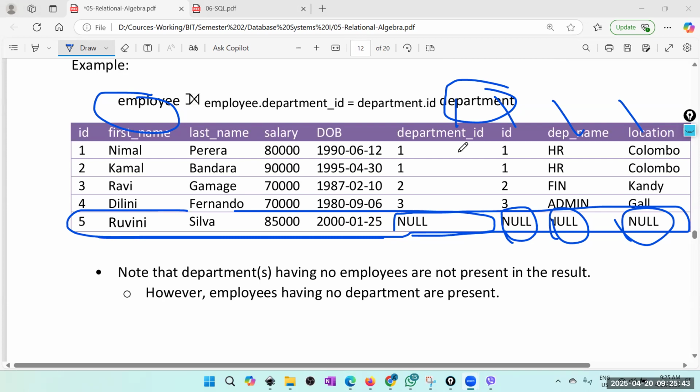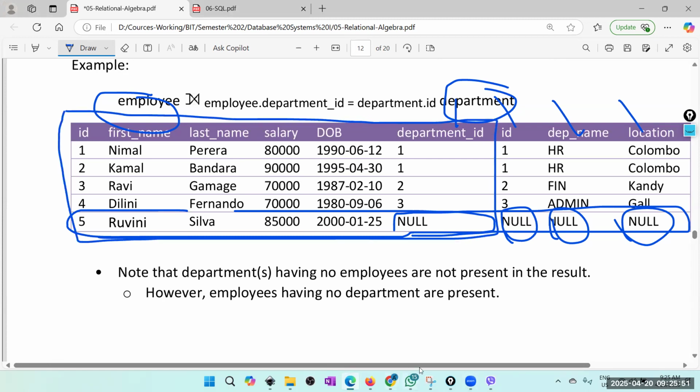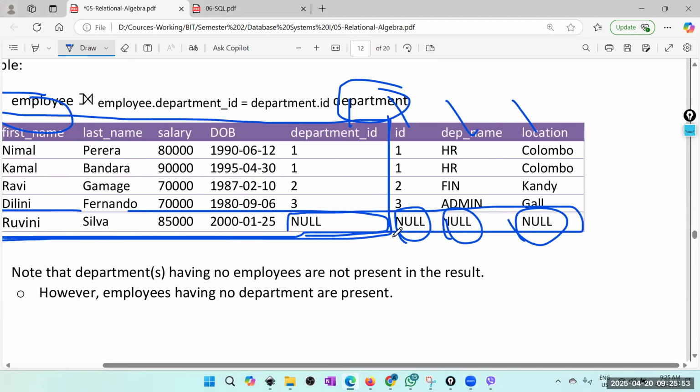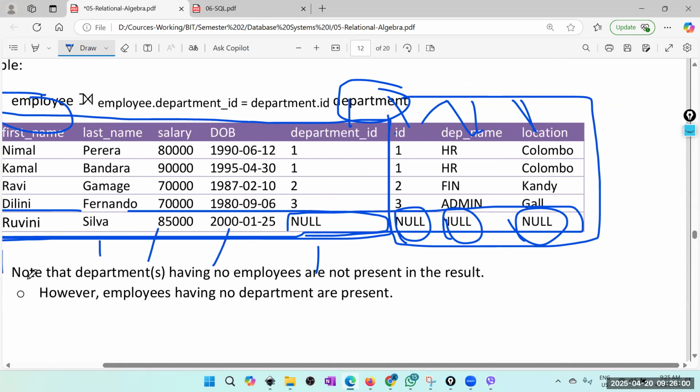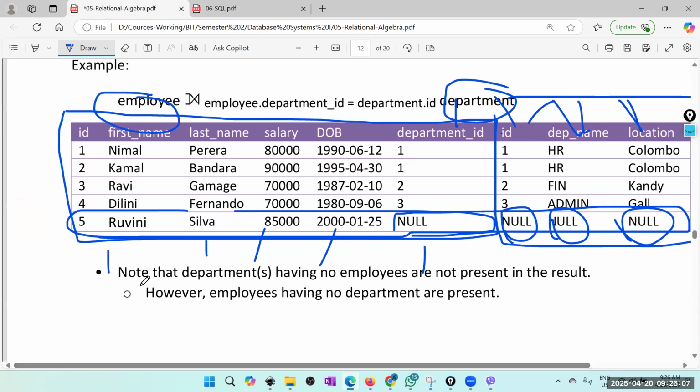Yes, all the fields from the left table you need to mention. Right? All the fields from the left table, then all the fields from the right table. So this is fields from the right table. This is fields from the left table. Okay. And of course, this is a common field. So therefore, you get the same data.